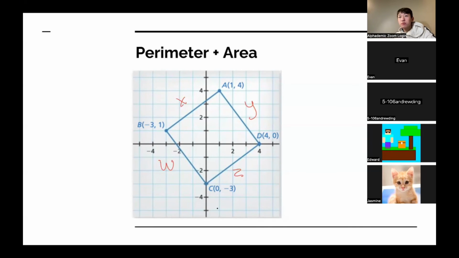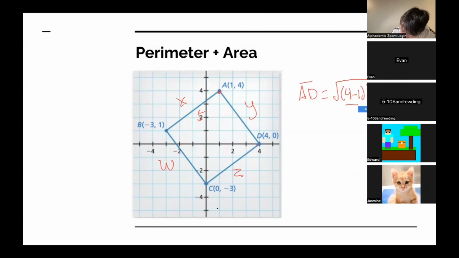All right. So for this one, the sides would all be 5. Again, I'll just do it for one of them. Let's just take A and D. So segment AD would equal the square root of 4 minus 1 squared plus 0 minus 4 squared.